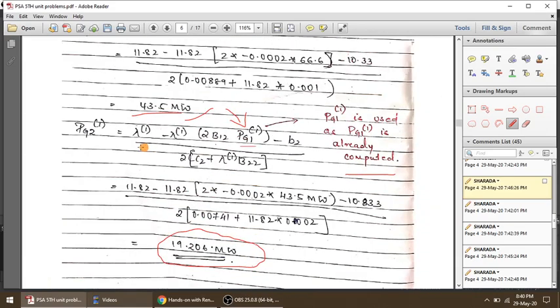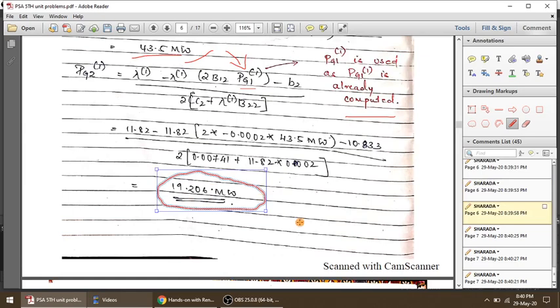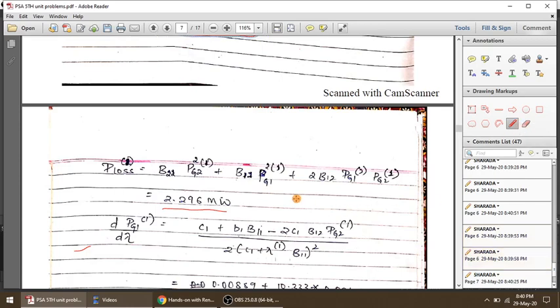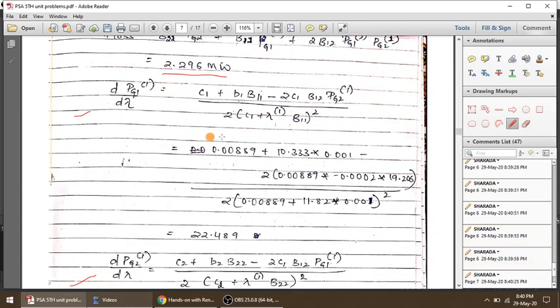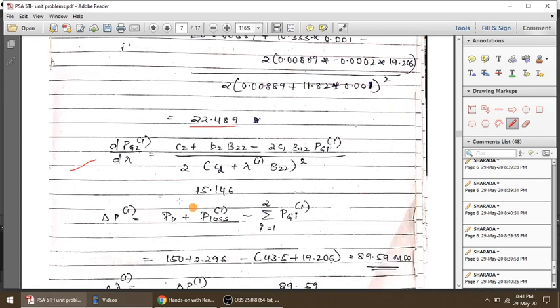So pg2 of 1 is nothing but whatever first iteration values we have computed. Clear? So next, I'll substitute the corresponding values and I get dpg1 by d lambda equal to 22.489 and dpg2 by d lambda I'll get 15.146.